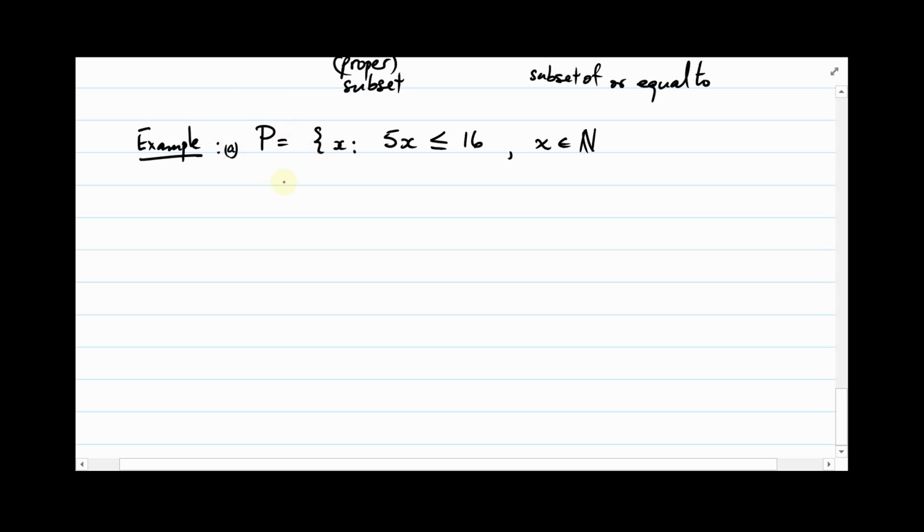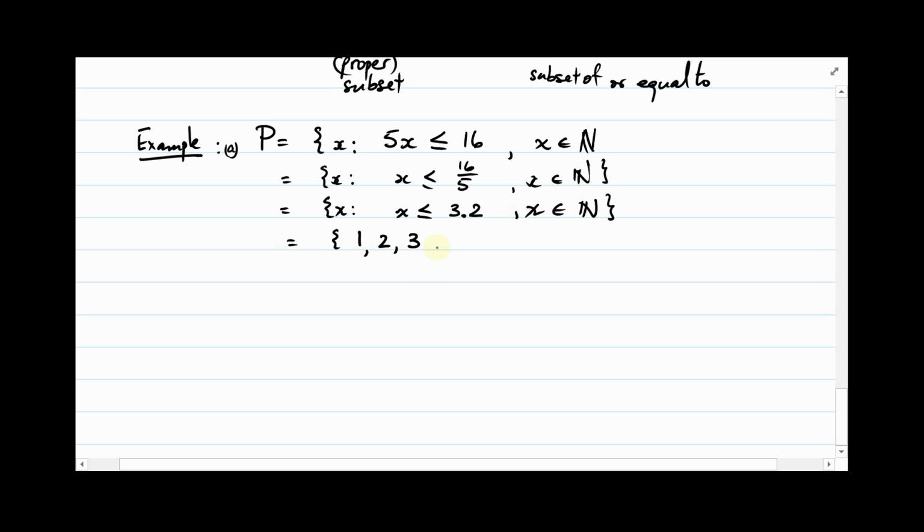Let's see if we can look and see what we would get. So as we do in math, we would have worked this out. Divide throughout by 5. 16 divided by 5. We end up with x is less than or equal to 3.2. However, x is a member of the natural number system. If we list out or put in roster form what are the elements of set P, then they would be 1, 2, and 3.